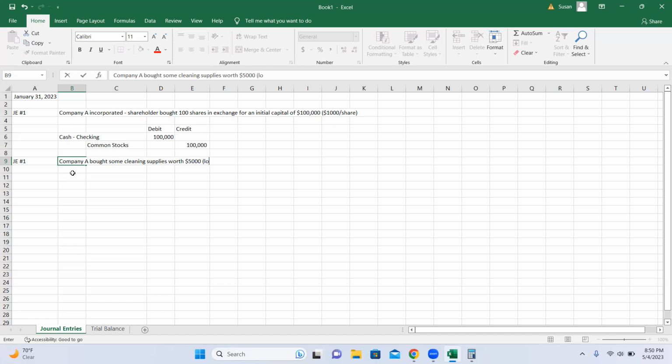And these are long-term asset supplies because they'll last for a very long time, more than 30 days. So with that being said, because it's a long-term asset, we can put it as cleaning supplies, and it'll be in the assets bucket of the balance sheet, but it'll be long-term.